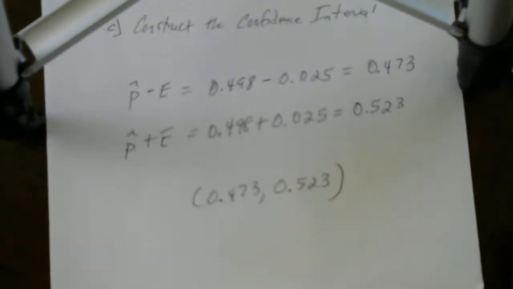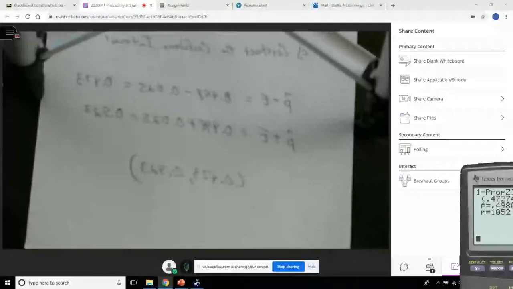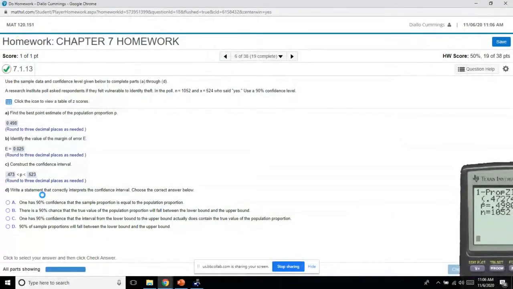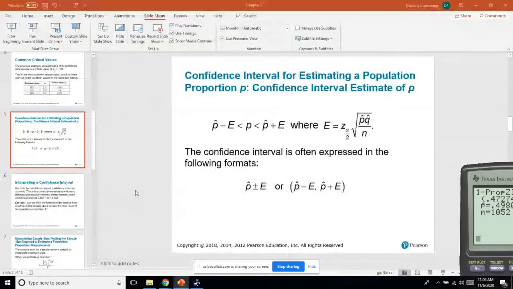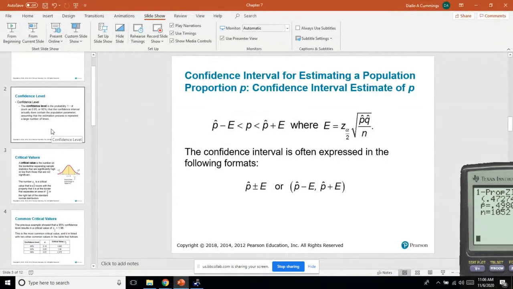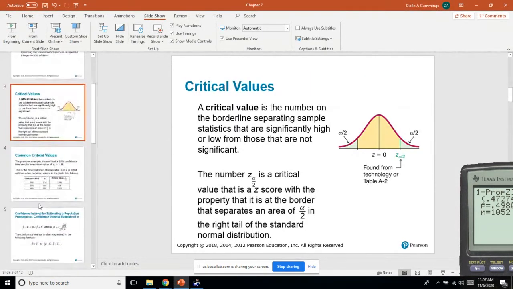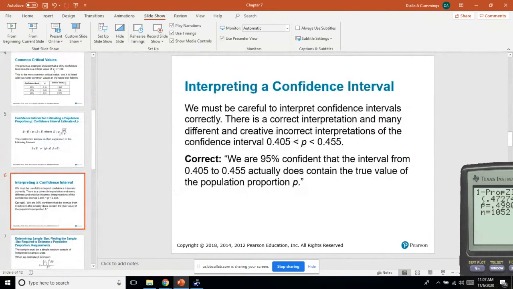Okay, and lastly, we're asked to interpret. We're asked to write a statement that interprets the confidence interval. So if I go back to our slides, this would be the correct way to interpret it.